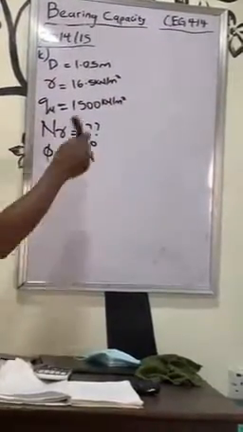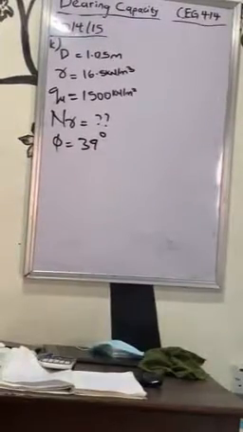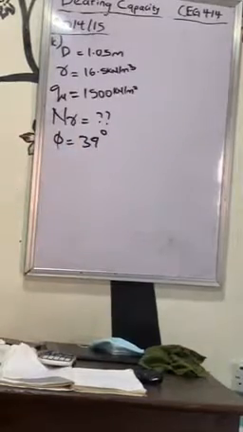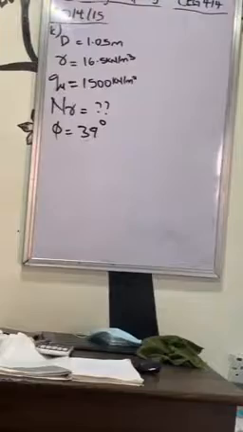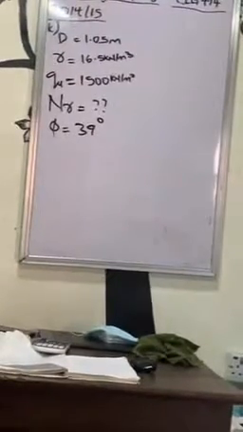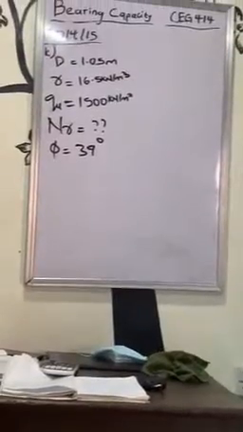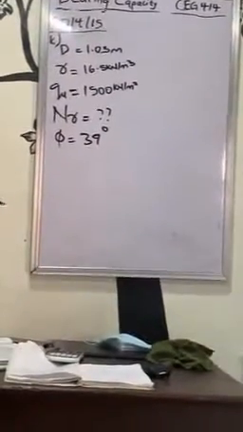We have to determine the value of bearing capacity factor N gamma. The angle of shear resistance of the sand was found to be 39 degrees. And compare this value with the theoretical value of N gamma, using Terzaghi's theory of general shear failure, which is the only one we have been using, since the next is local shear failure.